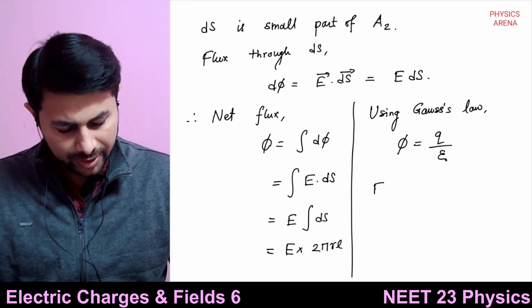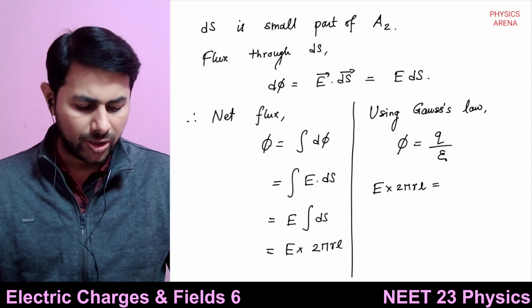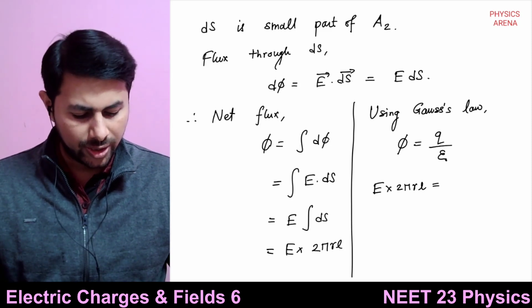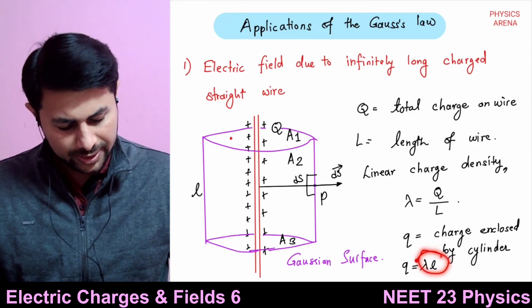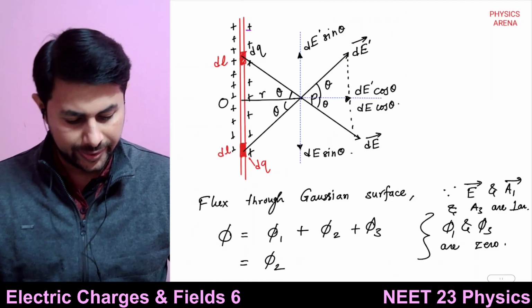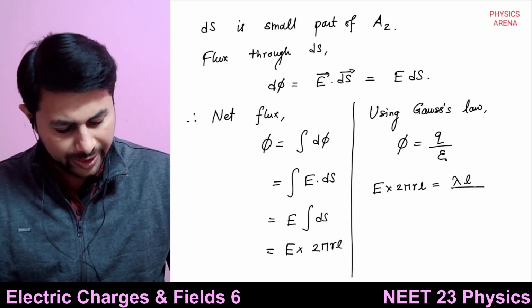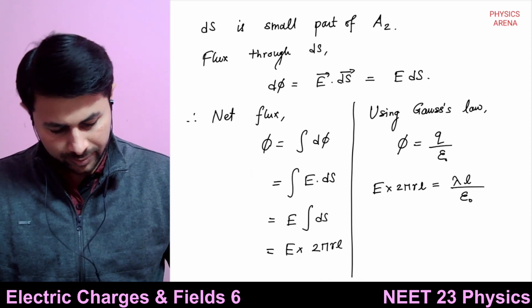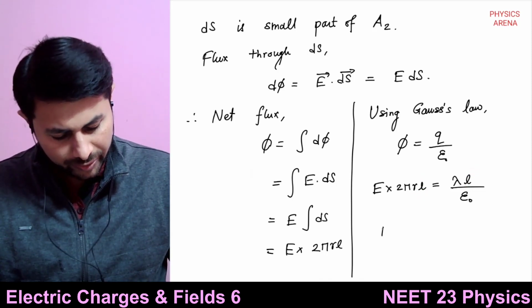So it is E multiplied by 2 pi r L is equal to small q divided by epsilon naught. And what is small q? Small q is equal to linear charge density multiplied by L. Small l, lambda times L divided by epsilon naught. This L and L get cancelled out, and what do we get?